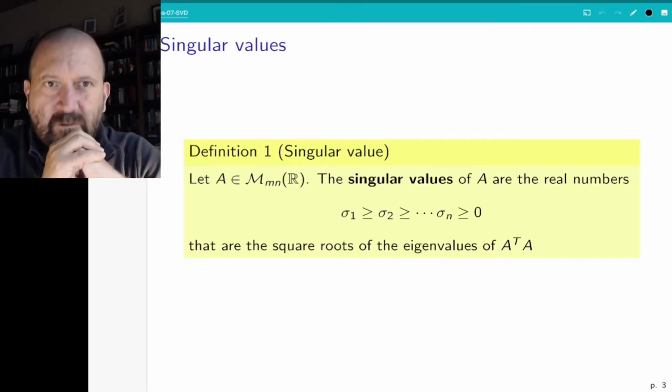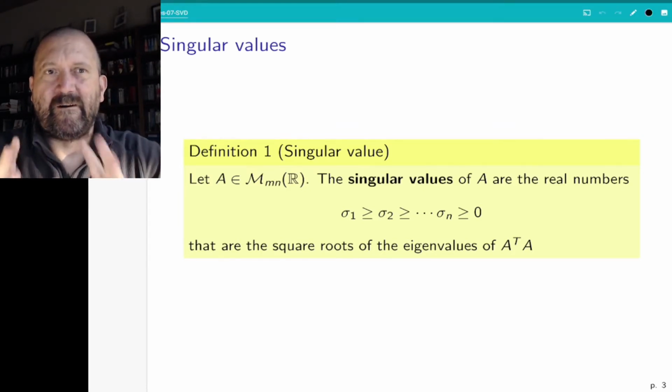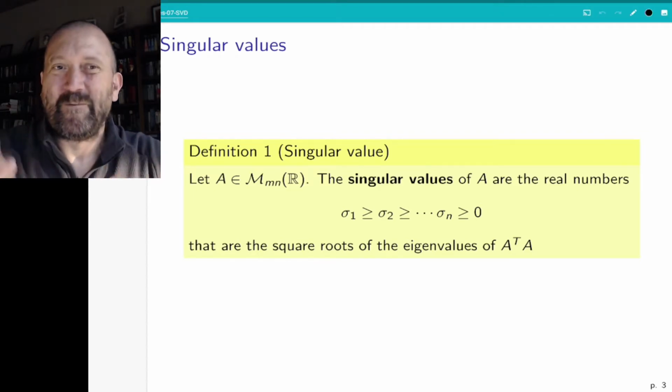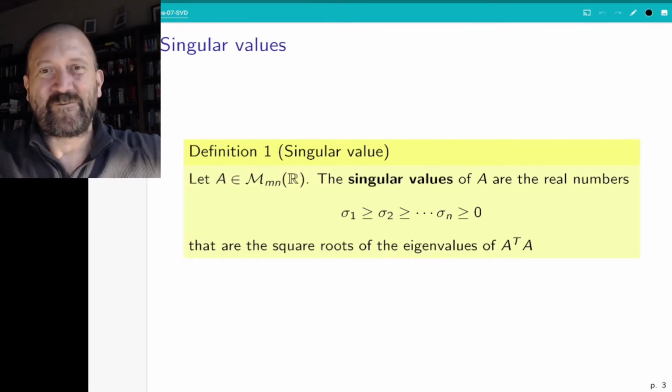Okay, so we're still on singular values, and here I want to show you the second part of this definition. I'm not showing a definition, but I'm showing you that the second part of this definition also makes sense.